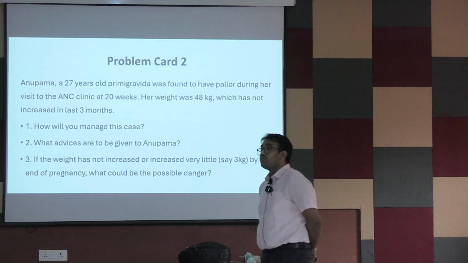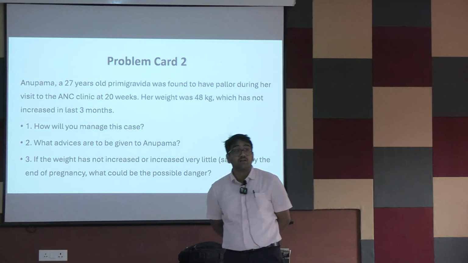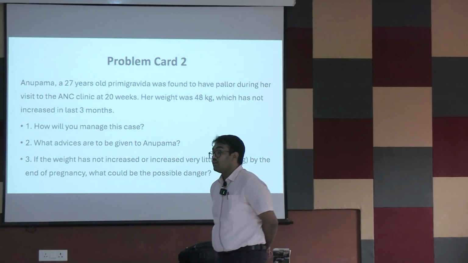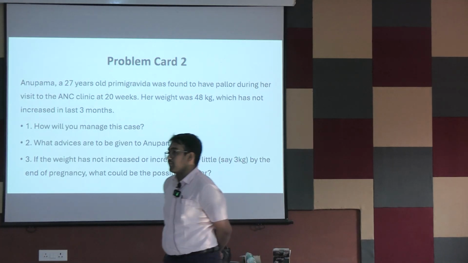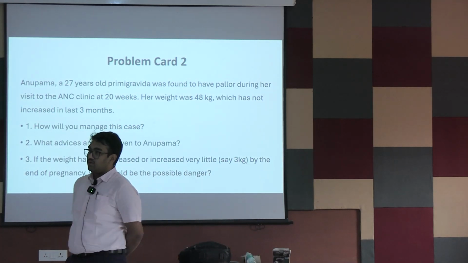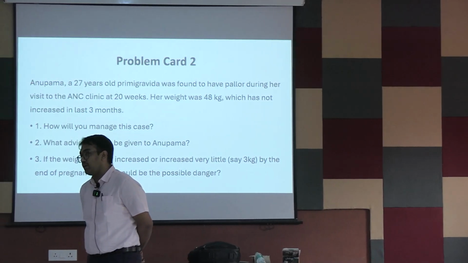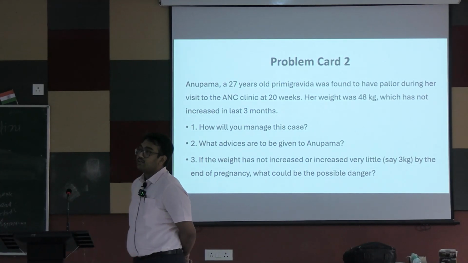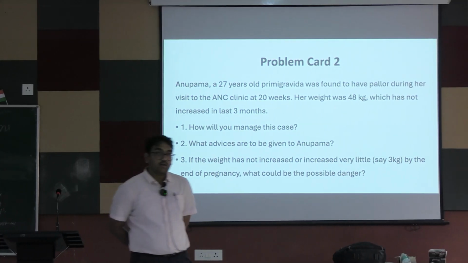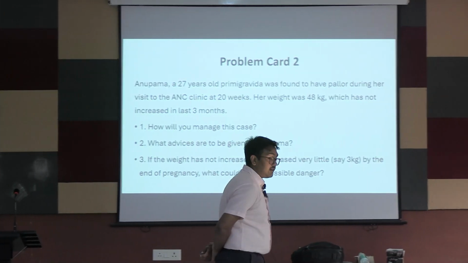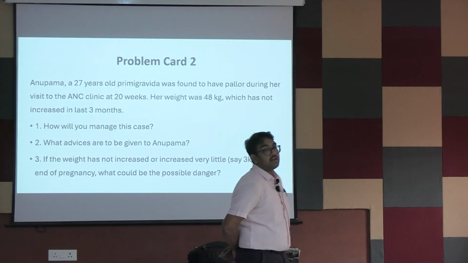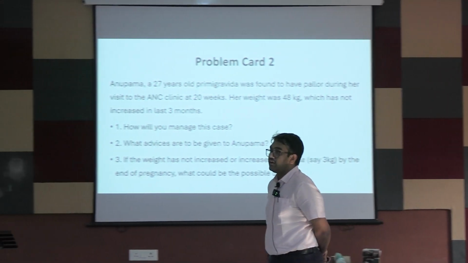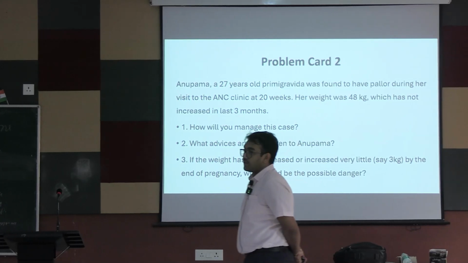Okay. So as we know, what is the ideal weight gain in pregnancy? Ideally 12 kilograms. Okay. 10 to 12 kilograms, first trimester 1 kilogram and 5 kilograms in the second and third trimester. Okay. 1 kilogram in the first trimester and 5 kilograms each in the second and third trimester. So total around 10 to 12 kgs of weight gain should occur during pregnancy.